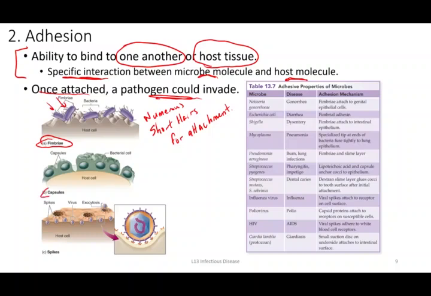We learned that capsules, or slime layers, these were our two categories of glycocalyx. Both of them had sticky properties. Slime layers, as you might guess, are a little bit more sticky. Capsules are less sticky, but still allow for attachment. So if bacteria had a slime layer or a capsule, it could allow them to attach. So here we have a host cell and those bacteria are attaching.